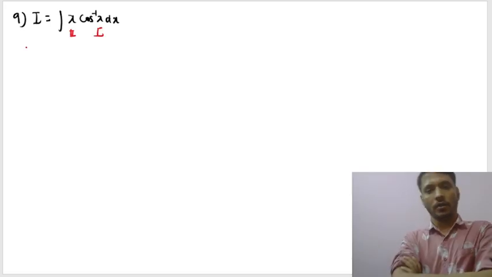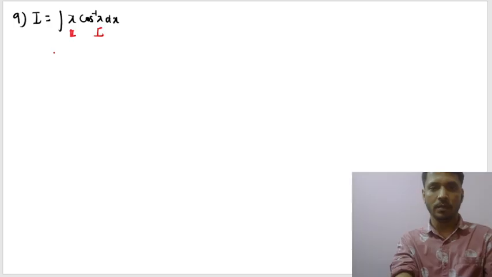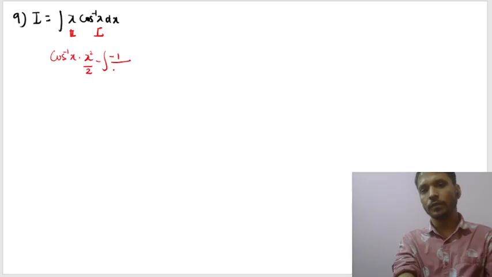All right. Now what can we do? We will take the cos inverse x outside. So it will become cos inverse x, and the integration of x is x square by 2, minus the integration of the derivative of cos inverse. So the derivative of cos inverse we know is minus 1 by under root of 1 minus x square, that we know, and the integration of x is x square upon 2.